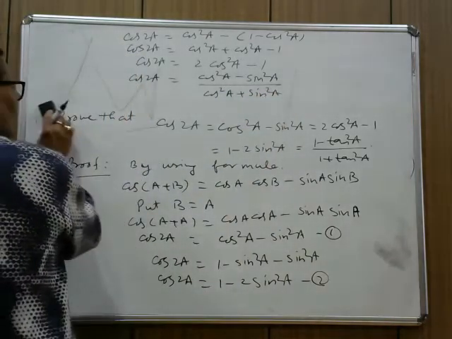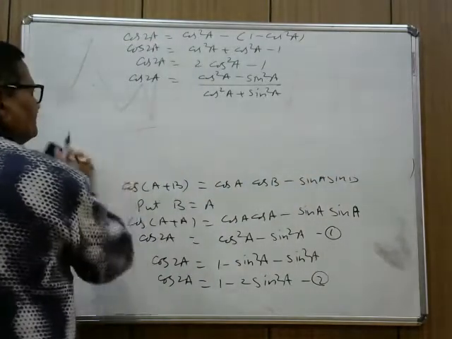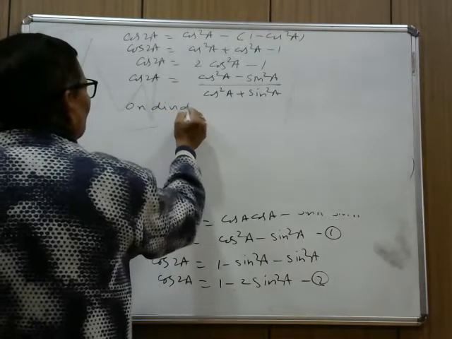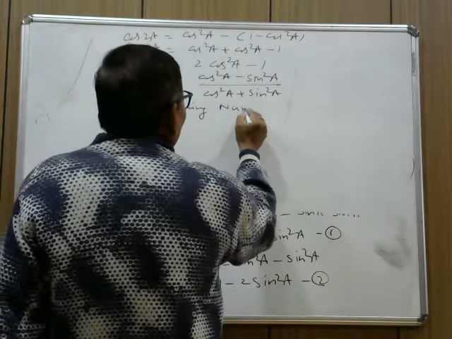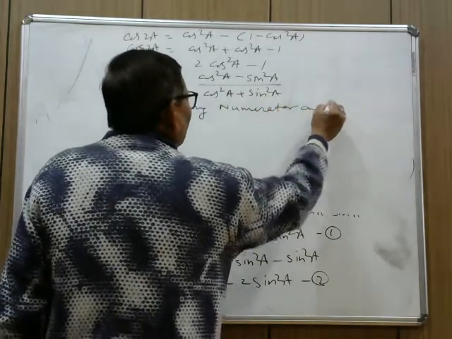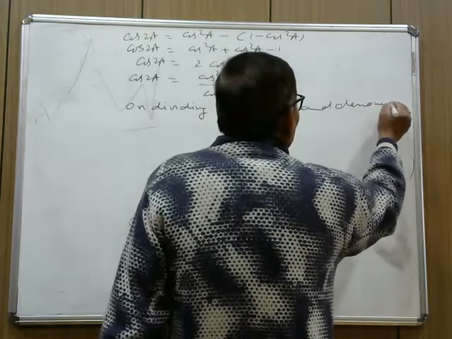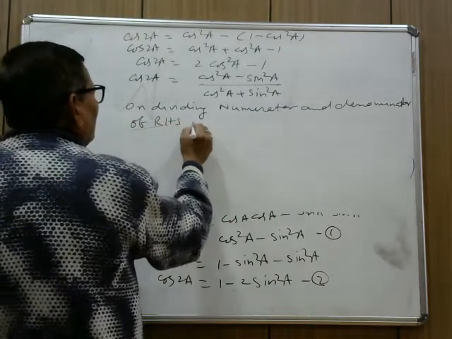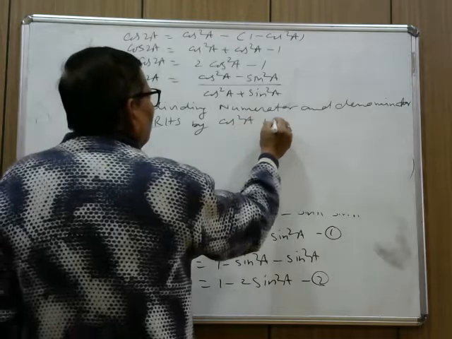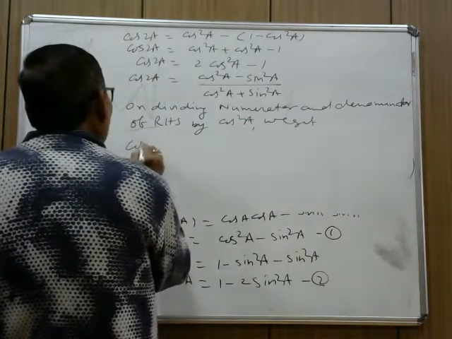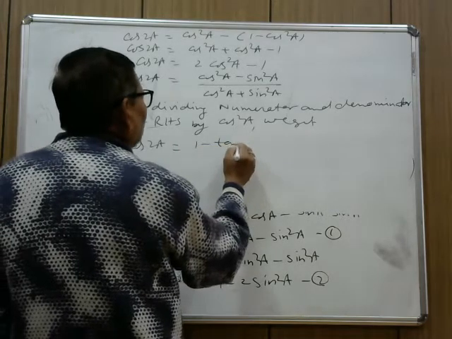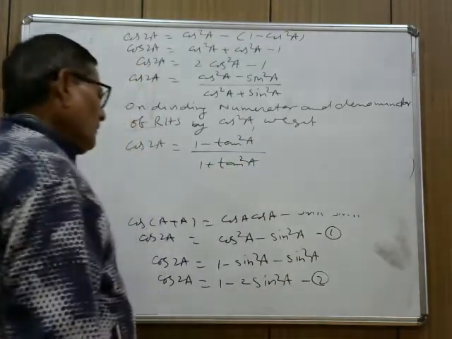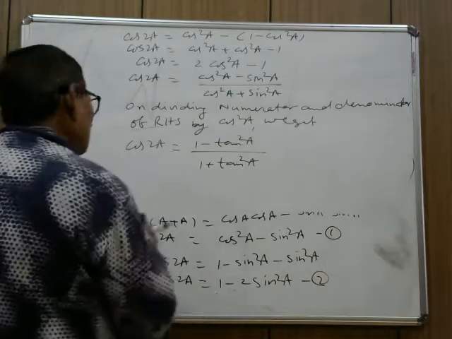On dividing numerator and denominator of RHS by cos square A, we get cos 2A is equal to 1 minus tan square A upon 1 plus tan square A. So cos 2A has 4 values and we will use according to the need of the question.